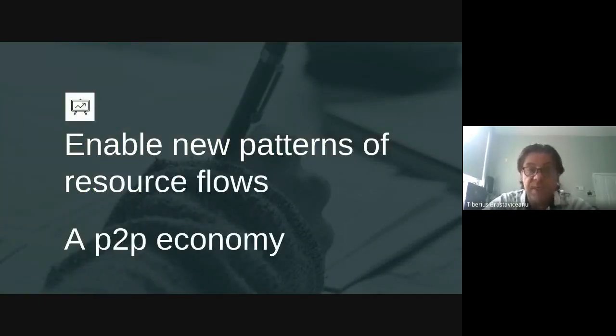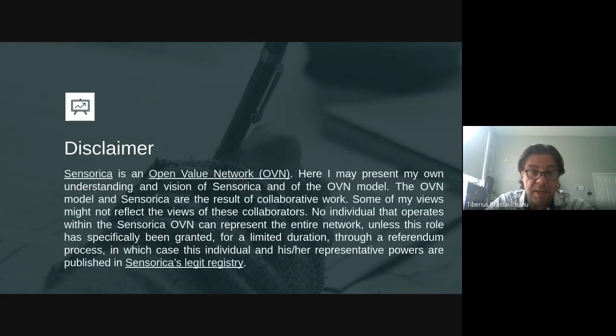I call these enable patterns of resource flows in the context of a peer-to-peer economy. And I have to put a disclaimer up here, which is a common practice of Sensoricans when you present and talk about Sensorica and the open value network model. There is no mechanism of representation of the network, so I can't claim that I speak for the network.